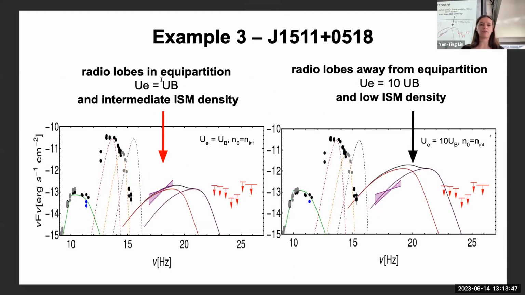For the equipartition model and the intermediate ISM density, we obtain X-ray levels which are comparable to the observed values. Then if we change the ratio between energy densities, moving away from equipartition, and lower the ISM density, the expected emission produced by our model is much higher than the observed emission.